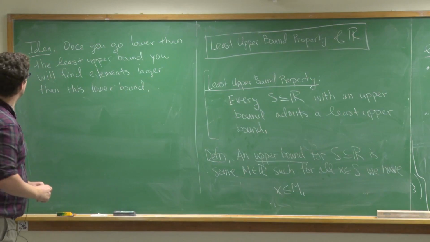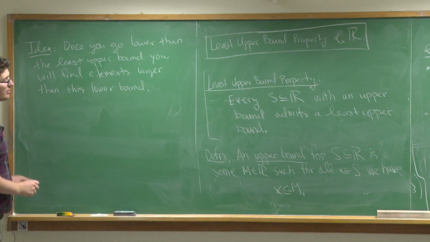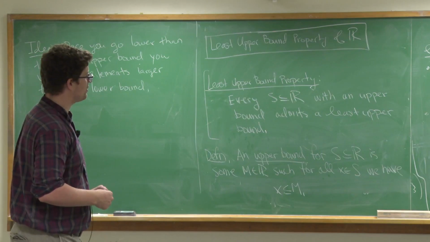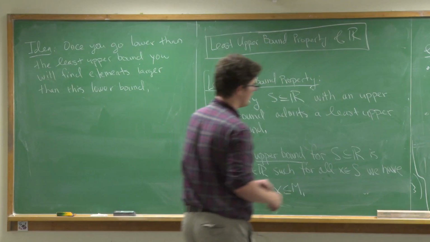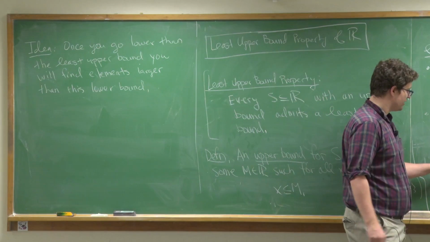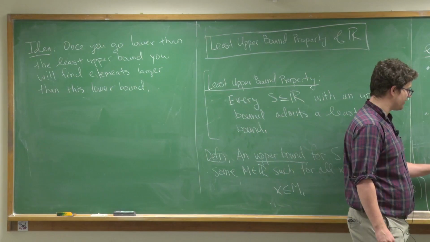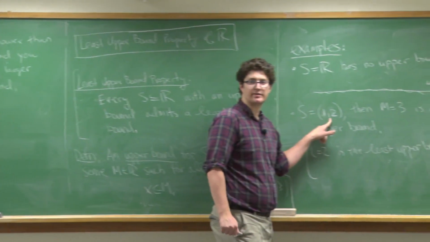Okay, so some remarks are in order. First of all, here L is 2. Note that L, the least upper bound, is not an element of this set.